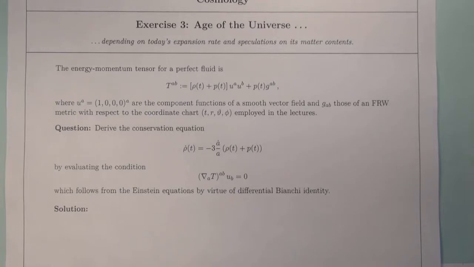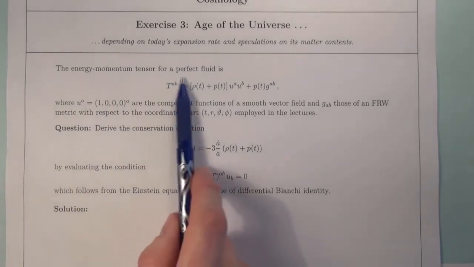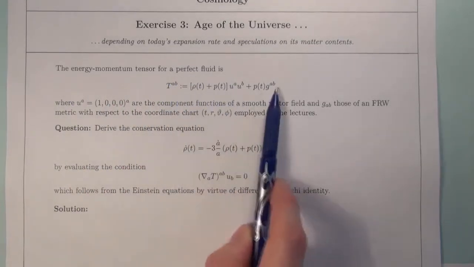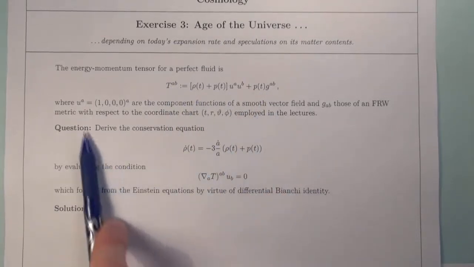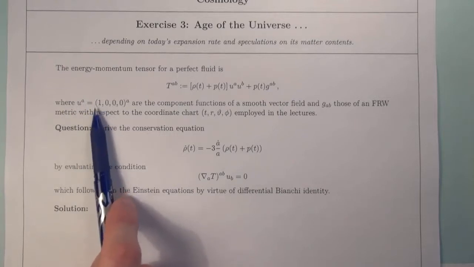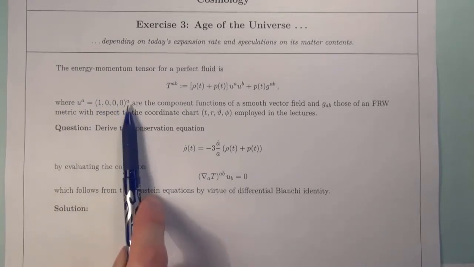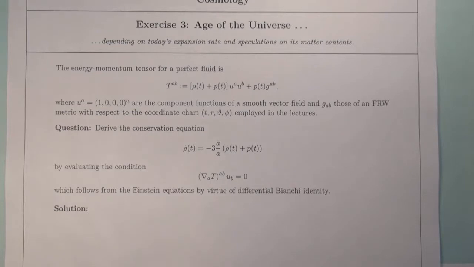So the exercise is: the energy momentum tensor for a perfect fluid is given by this expression that you might know from the lectures or somewhere else, and this U^A is some time-like vector, or the components of some time-like vector.